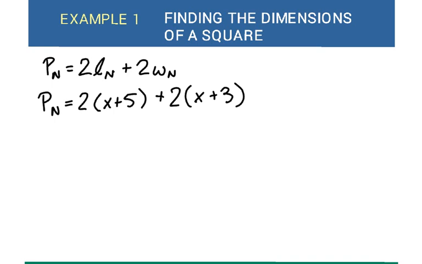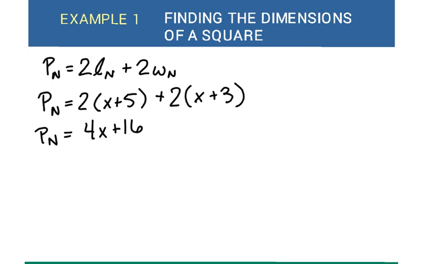Now let's just distribute and combine terms. I'm going to skip a step and just say our new perimeter is equal to 4x plus 16.